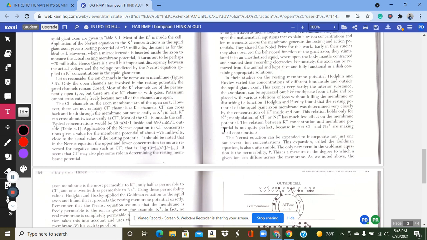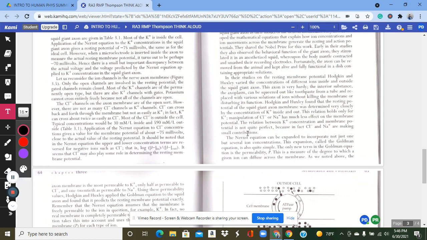This rapid reversal of the membrane potential was, I would say, a pretty significant discovery, especially for understanding the underlying process of the action potential.